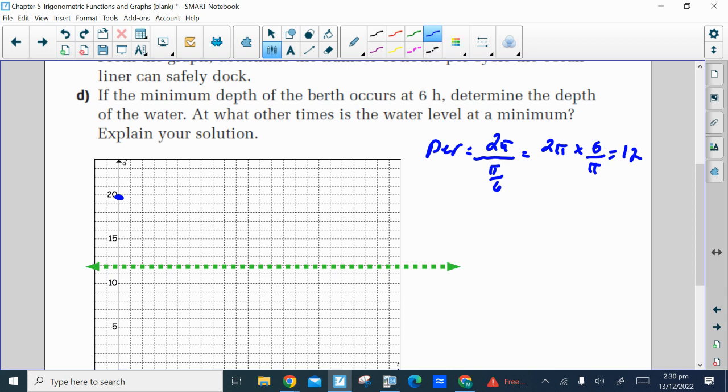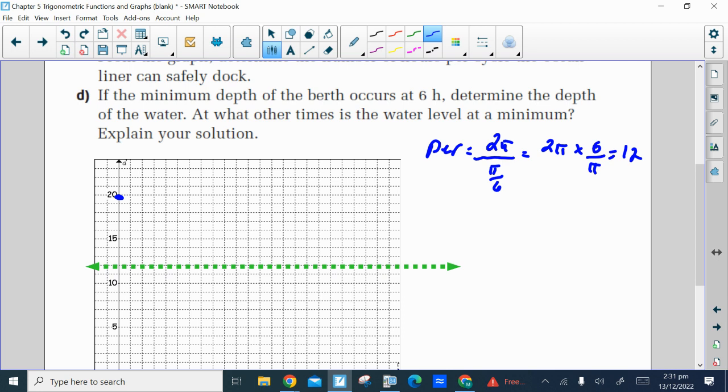Now we're going to see that the actual period for the change in tides is approximately 12, but it's not exactly 12 hours. But it's approximately 12 hours. We're going to come across an equation later on where it's a little more accurate for the actual change in tides.